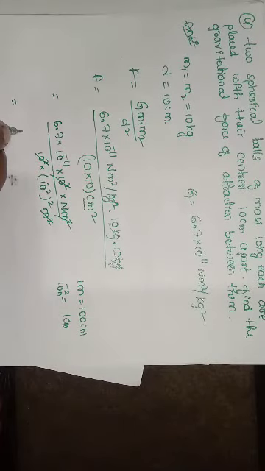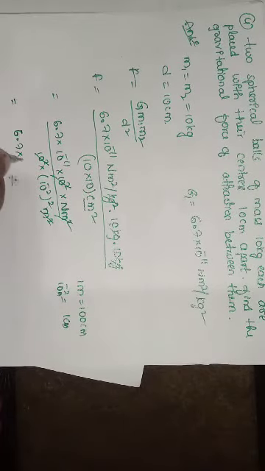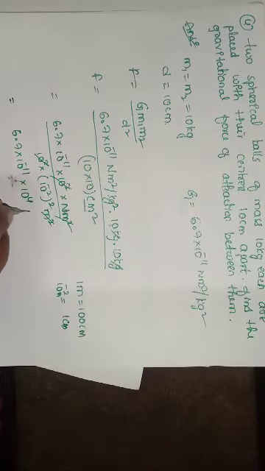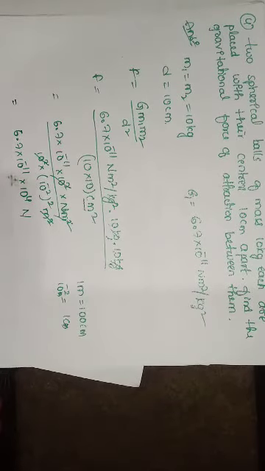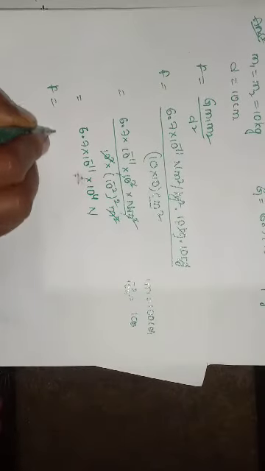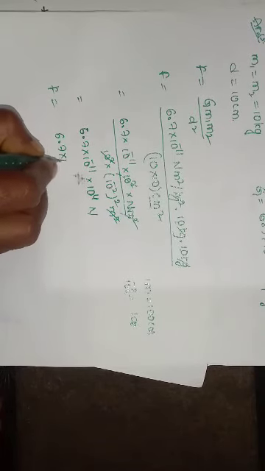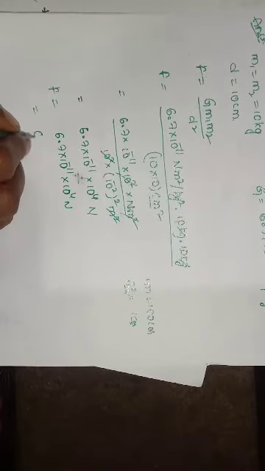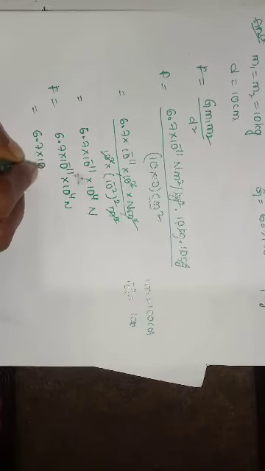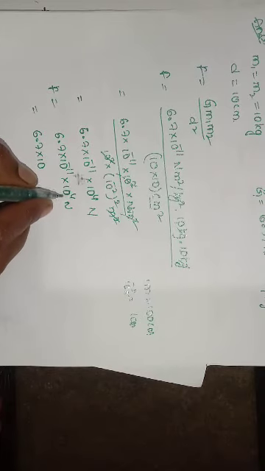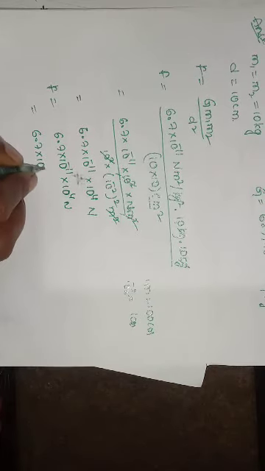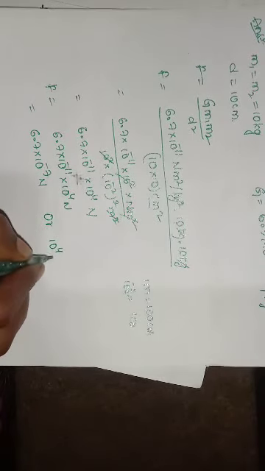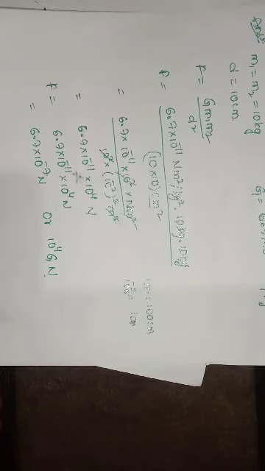So 6.7 into 10 to the power of minus 11 into 10 to the power of 4 newtons you will get. So F is equal to how much here? 6.7 into 10 to the power of minus 11 into 10 to the power of 4 newtons, that is equal to 6.7 into 10 to the power of minus 11 plus 4, how much you will get? 6.7 into 10 to the power of minus 7 newtons. Okay, this is a question.